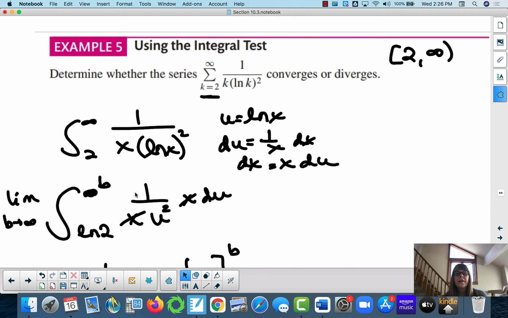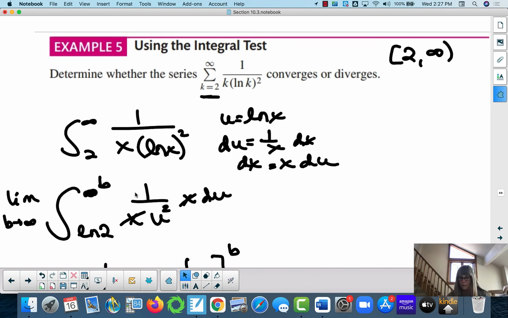So this one, we're minusing negative 1 over natural log of 2, so I'm going to change that to a plus here.